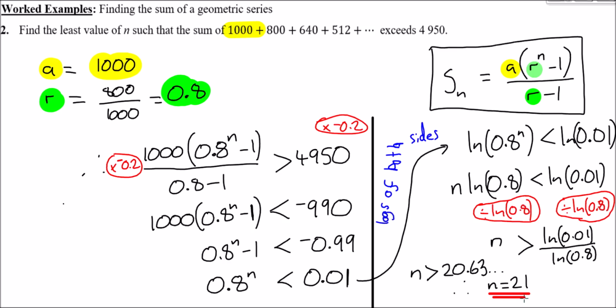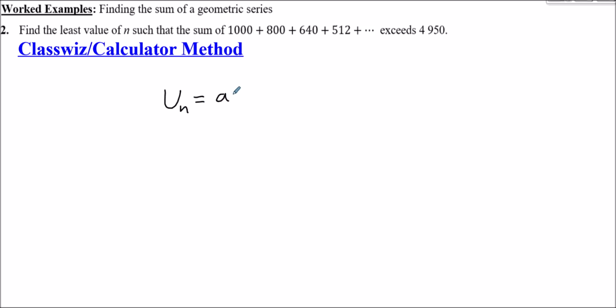Now, you might well agree with me here, that was fairly tricky in terms of how questions go, so using the calculator here could be particularly helpful in just checking these harder questions. So here's the calculator class whiz method. First of all, we need an expression for the nth term, un. For any geometric series, the nth term is the first term multiplied by the common ratio to the power n minus 1.